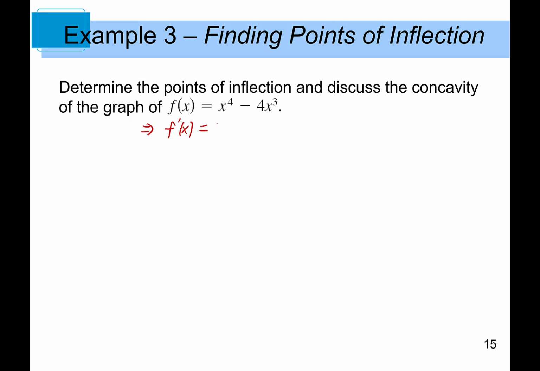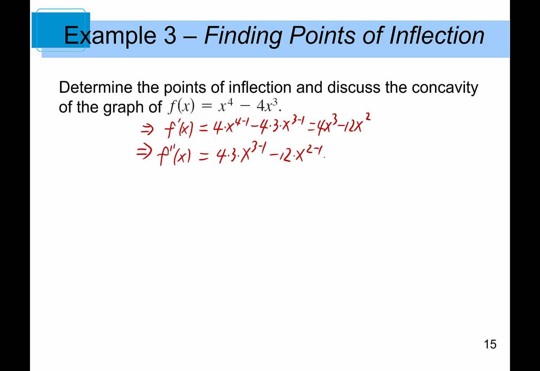We apply the power rule: 4 times x^(4-1), minus 4 times 3 times x^(3-1). So we end up with 4x^3 - 12x^2. For the second derivative, we apply the power rule one more time: 4 times 3 times x^(3-1), minus 12 times 2 times x^(2-1).